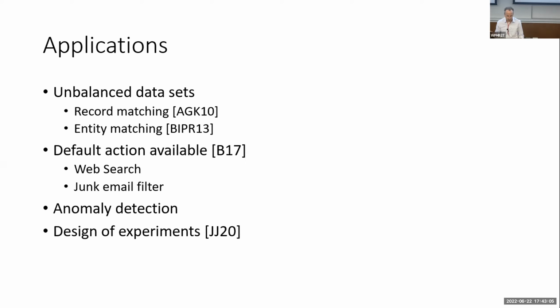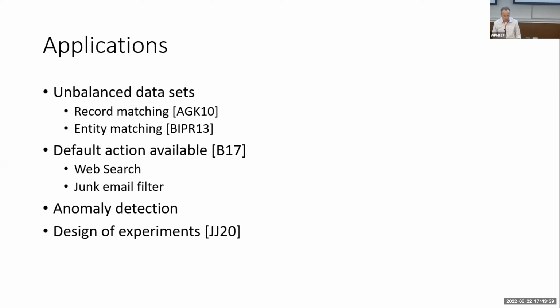And so previous papers in databases consider exactly this problem. More in machine learning and web search, folks have looked at this, for example, when you have a default action available, and in that case you may want to find only the true positives. So, for example, if you want to be very sure that you classify a piece of email as junk, you want to do that only if you have a higher precision.